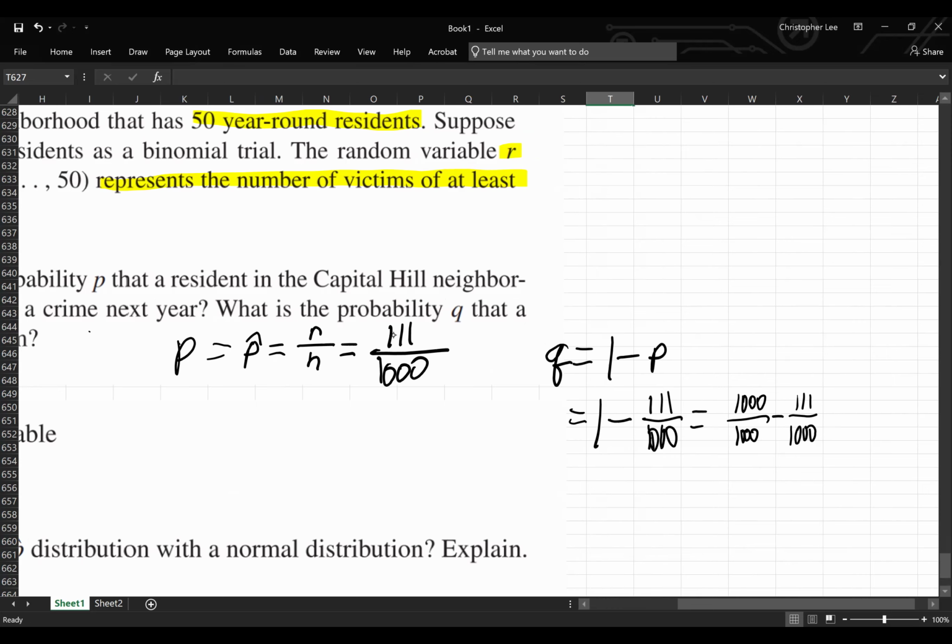Yeah, what's 1,000 minus 111? You don't know? Like if you have $1,000 and you spend 111, how much do you have left?